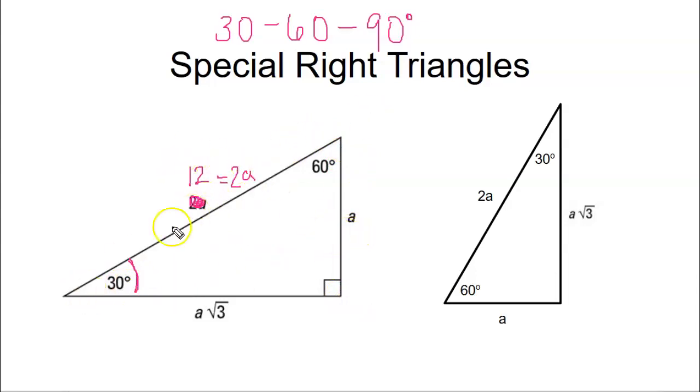So if the hypotenuse is 12, that would mean that a would have to be 6. And then in order to find that longer leg of the right triangle, we always have to take that shorter side and just multiply it by the square root of 3. So that would mean that this side is 6 square roots of 3.